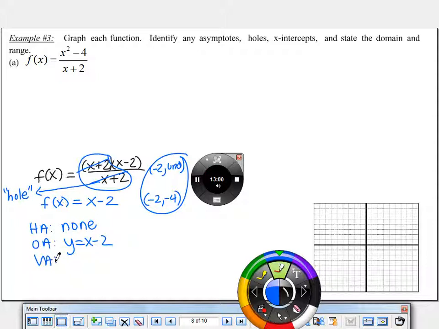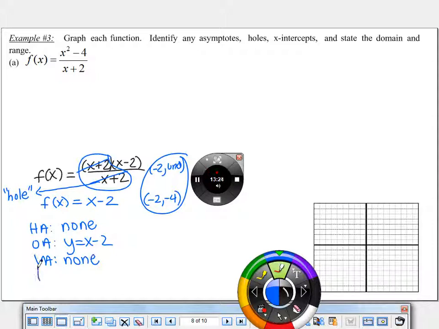Okay, what about vertical asymptotes? If you looked at the function originally, what would you think is the vertical asymptote? X equals -2. But that got canceled out so that we just have a line. So we don't have any vertical asymptote. But we can't forget that we canceled out a factor.